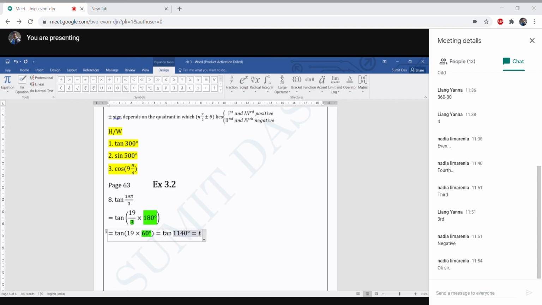So what we have to do, we will convert this 1140 degree. We can write 1080 plus 60 degree.